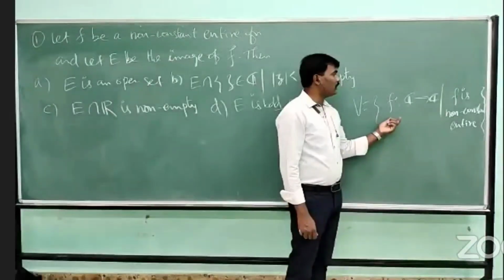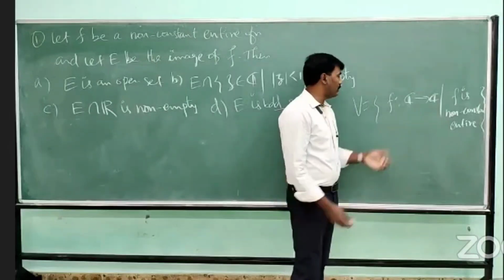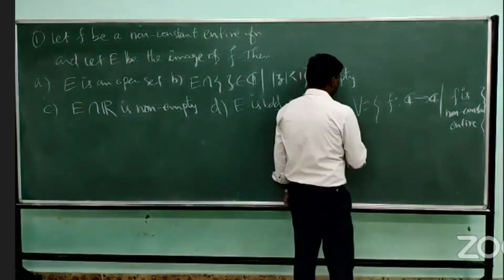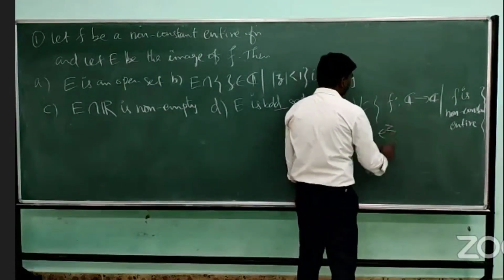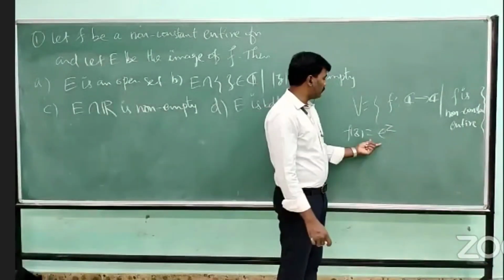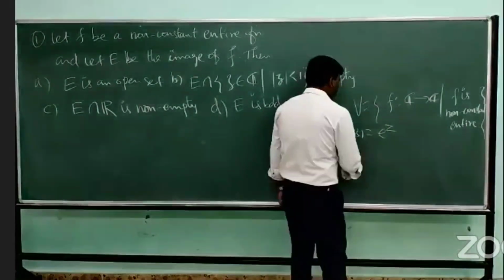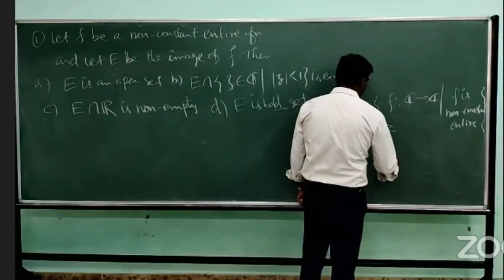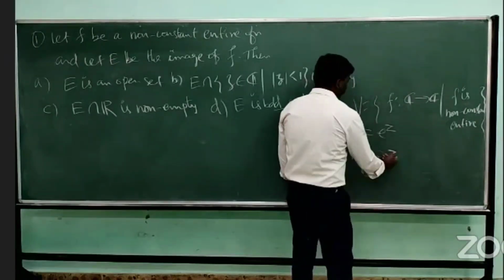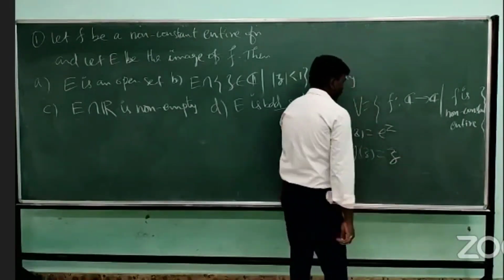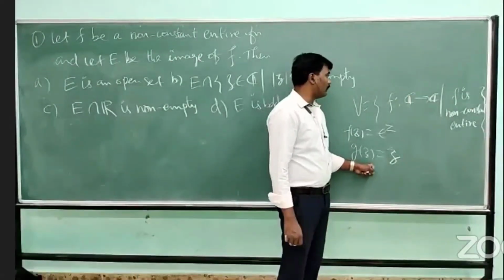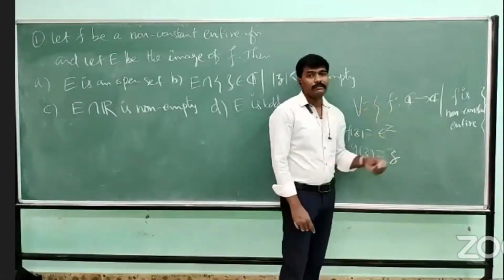Any element in V is a non-constant entire function. For example, f of z equals e to the power z is a non-constant entire function. This is an element of V. What about g equals z, the identity function? For every z in C, this is an element of V.